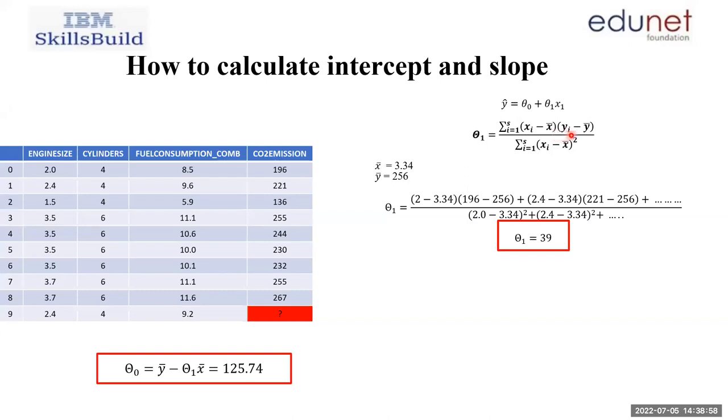Yi is 196 and y bar is the mean of the y column. Then xi minus x bar, and using this equation we have to find theta 1.